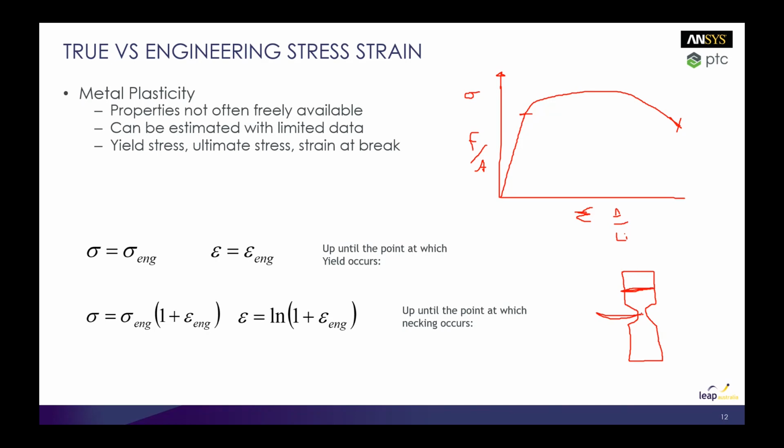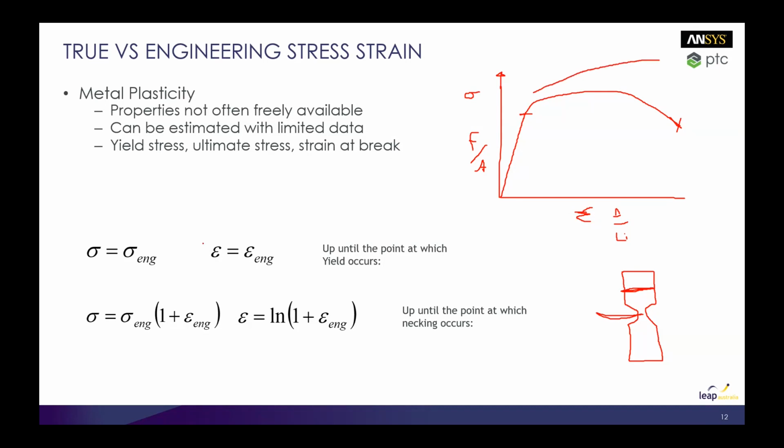When you get necking, the force you're applying is not so much dropping off, but you're calculating it based off the initial area, so it appears to decrease, whereas in actual fact, it's probably starting to taper off.